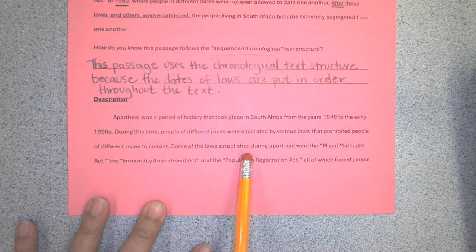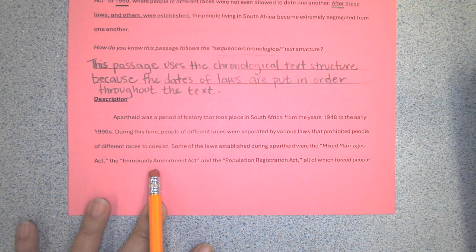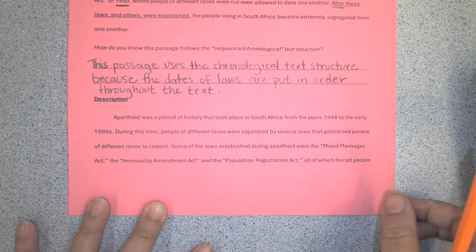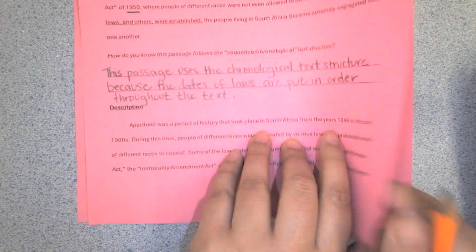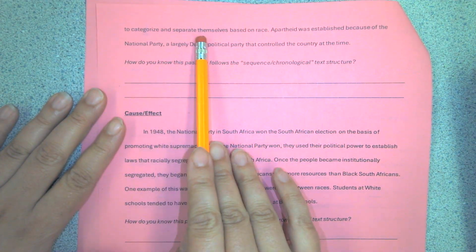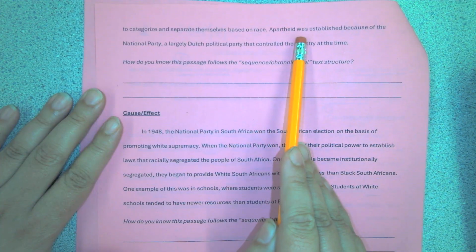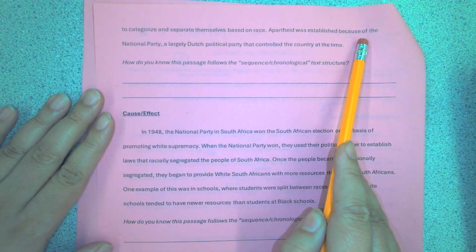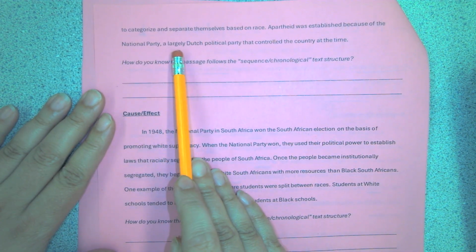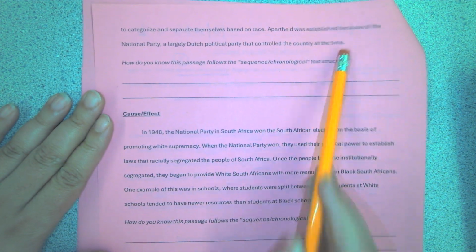Some of the laws established during apartheid were the Mixed Marriages Act, the Immorality Amendment Act, and the Population Registration Act, all of which forced people to categorize and separate themselves based on race. Apartheid was established because of the National Party, a largely Dutch political party that controlled the country at the time.